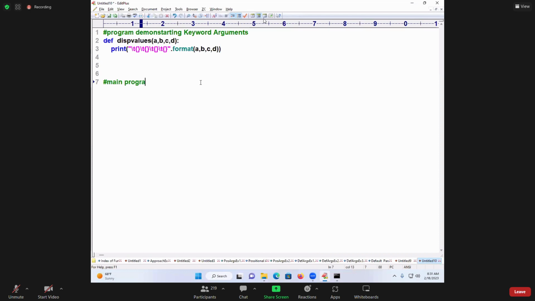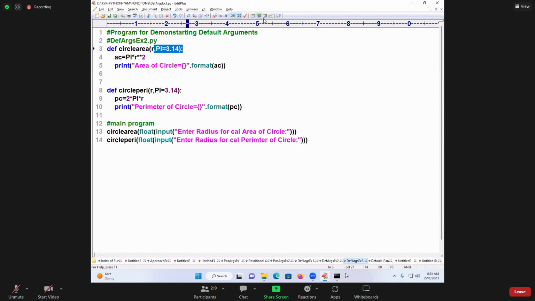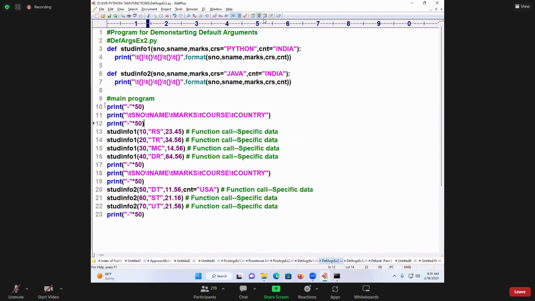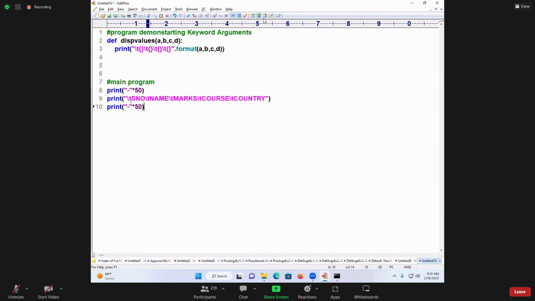I am going to take the main program, one small diagram I want to take. Come to this place. I am expecting this to be called a, my dear students, and this is called b, and this is called c, and this is called d.